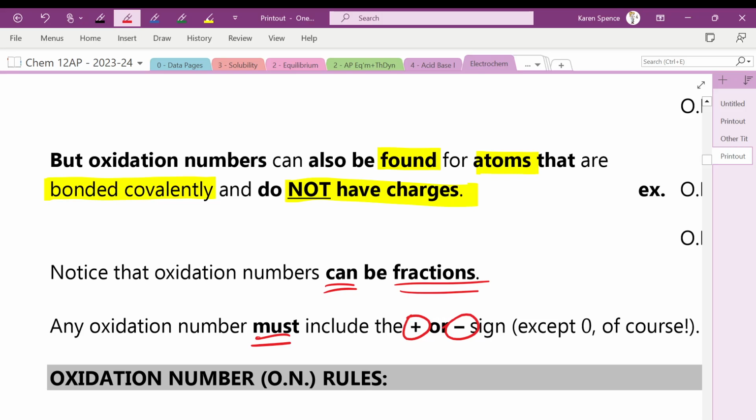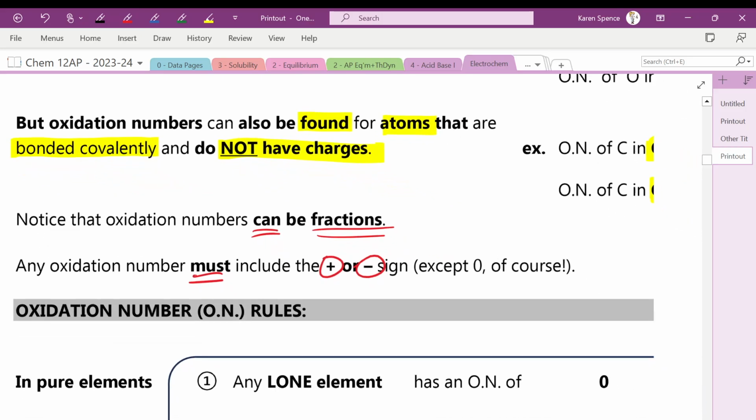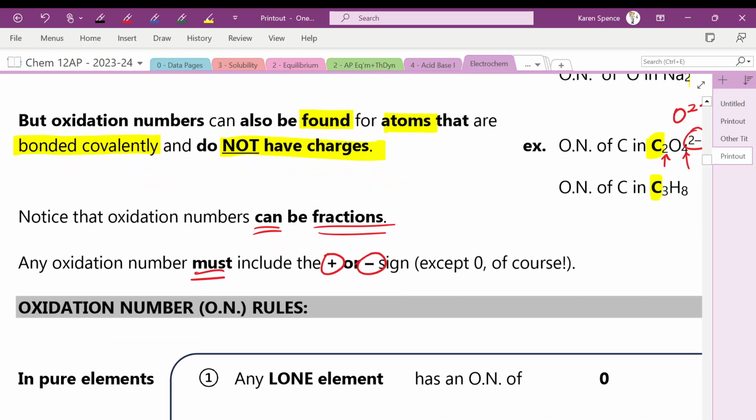Because you need to show me which direction it's going. It's just a convention. So here are the rules that we'll base it on. We've already gone through the first few. Any lone element has an oxidation number of 0.